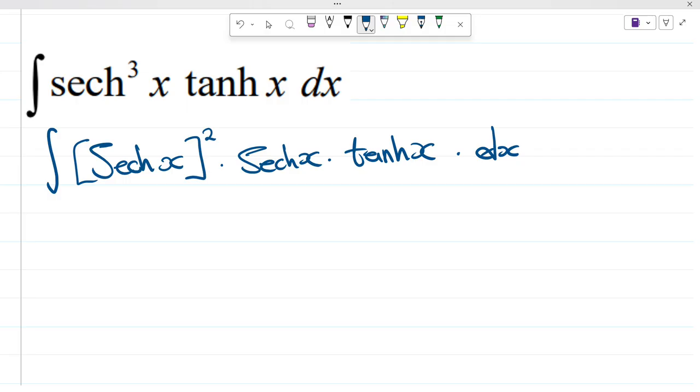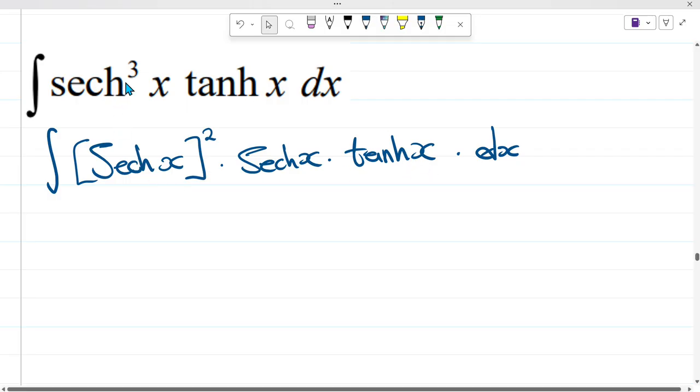So you see what I did there, I took one of the sec out so that I'm left with just squared, two of them there.